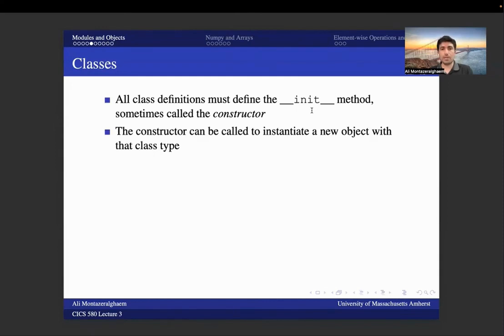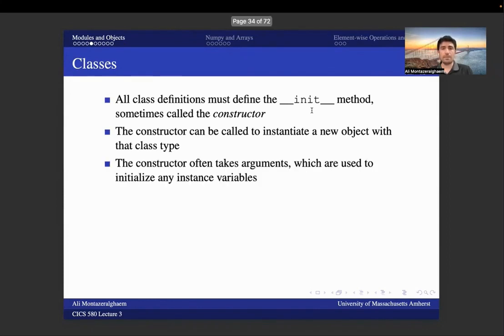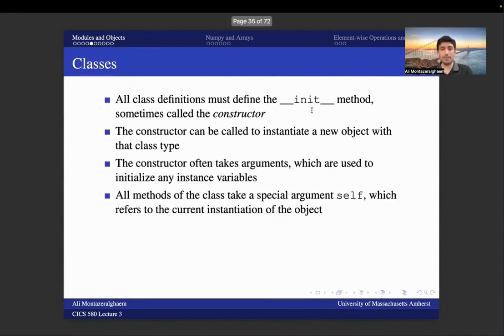So the constructor can be called to initiate a new object with that class type, and the constructor often takes arguments, which can be useful for initializing instance variables in the class.